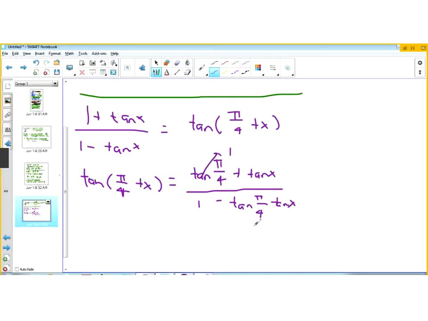So we know the tangent of pi-4 is 1, and so that would be 1 plus tan x over 1 minus tan x. See how that works?